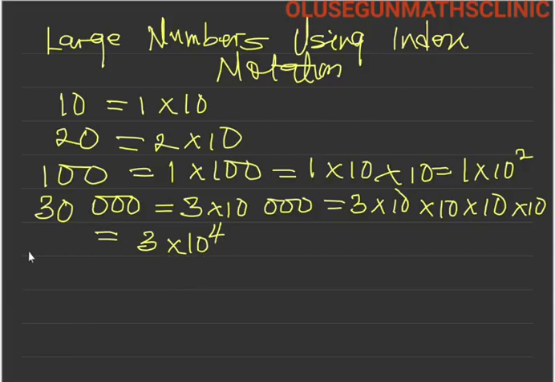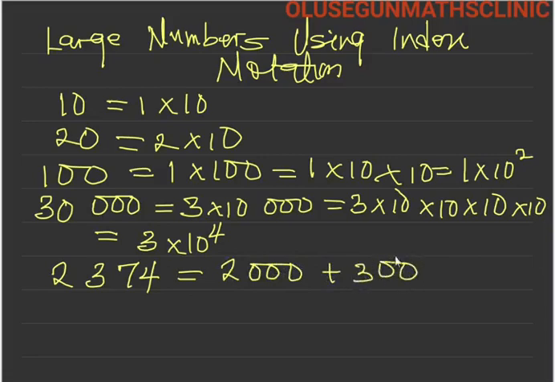For example, you have 2,374. Now let's add it together to make it meaningful. This is 2,000 plus 300 plus 70 plus 4. The 2,000 is 2 times 1,000, if you note very well.